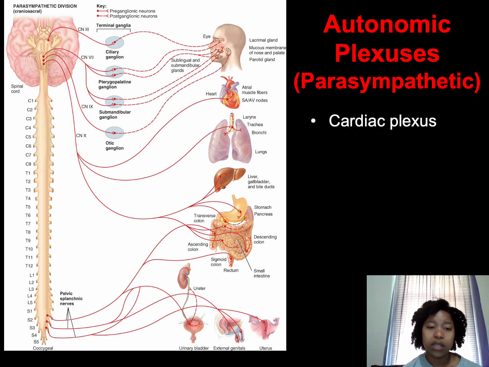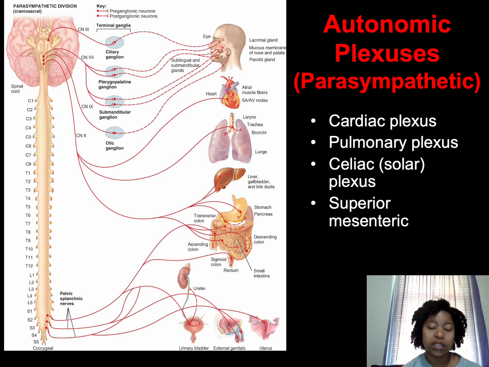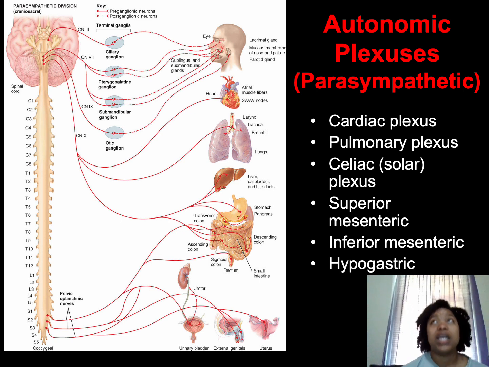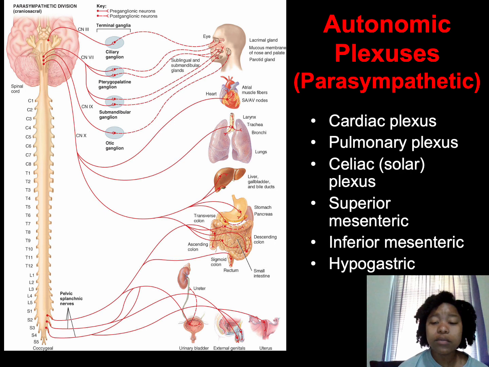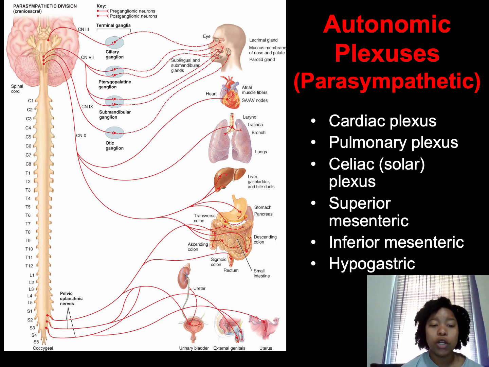The parasympathetic ones, you'll still have those situations: cardiac, pulmonary, celiac, superior mesenteric, inferior mesenteric, and hypogastric plexus. You can see that they both have innervations that occur in these specific plexuses, as well as different actions that happen depending on whether it's parasympathetic or sympathetic innervation.